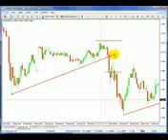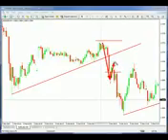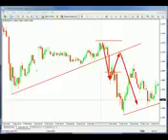Now very often what will happen is, after the move through this particular trend line, you will see a retracement to an area of past support or resistance. In this particular case I'll show you in 1 second where that is, or we will see a move to the back of the trend line before we see the move down, okay?